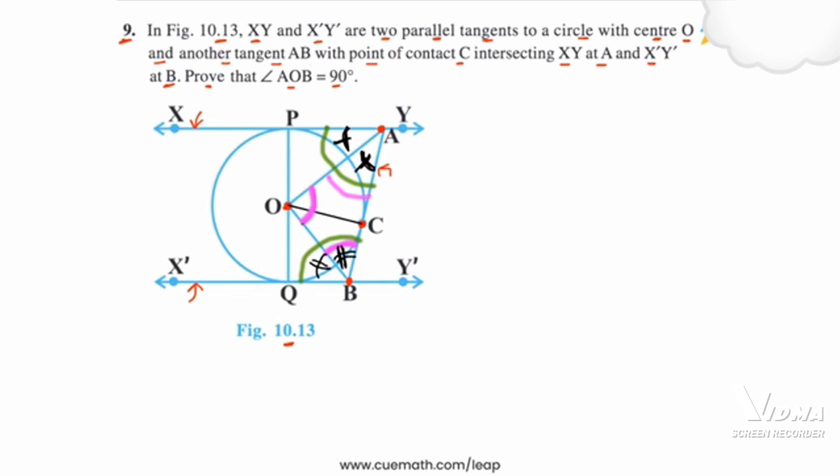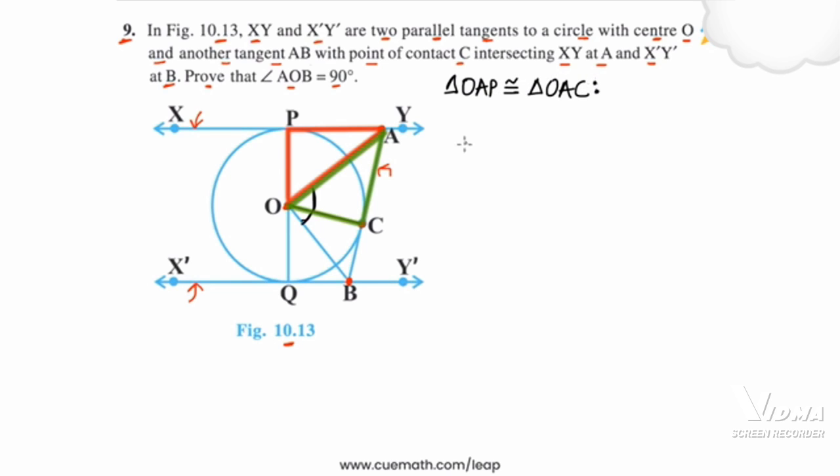It's very simple. Now let me write it out for you step by step. Okay, so as I said, we will begin by comparing triangle OAP with triangle OAC. So I'm directly going to make use of the fact that these two triangles are congruent. It's very easy to show. If you want, you can pause the video for a few moments and think about how you can show that these two triangles are congruent. But I'm going to use this result directly, that triangle OAP will be congruent to triangle OAC.